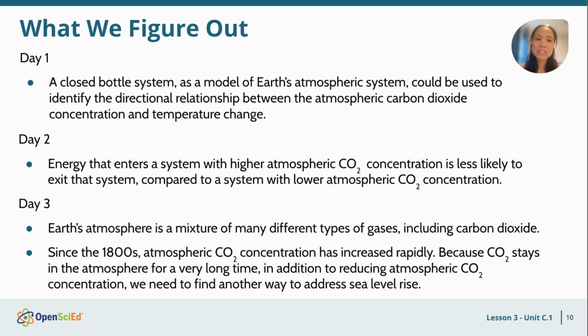When there is an increase in atmospheric carbon dioxide concentration, the energy that enters the system is less likely to exit the system. Finally, on day 3, from the atmospheric carbon dioxide reading, students realize that since carbon dioxide reduces the amount of energy that leaves Earth's system, and carbon dioxide stays for a long time in the atmosphere, reducing carbon dioxide emissions alone will not be enough to address sea level rise. We need other solutions.